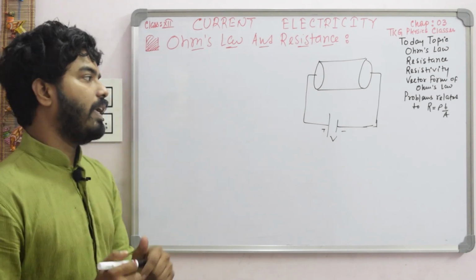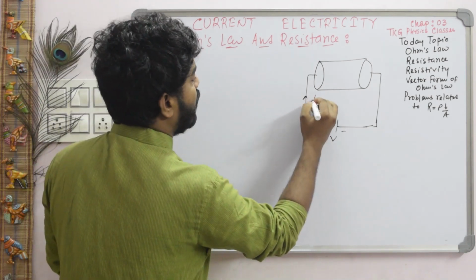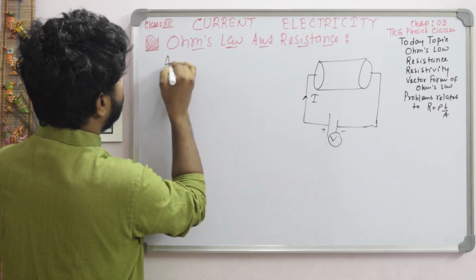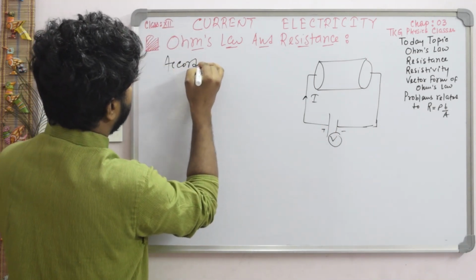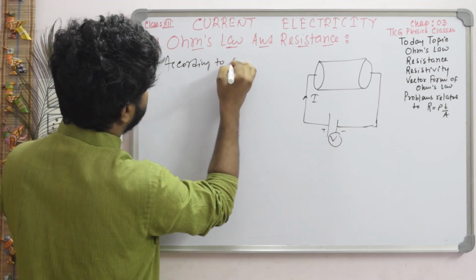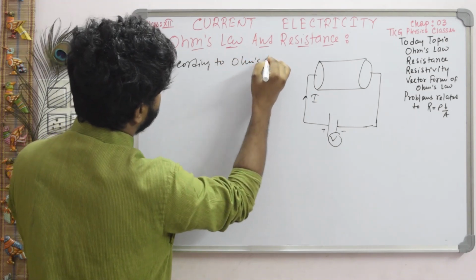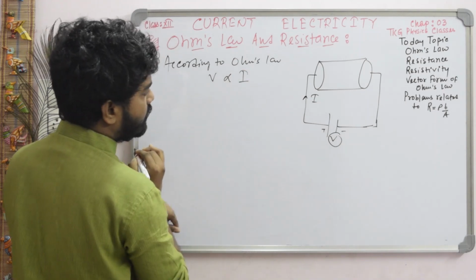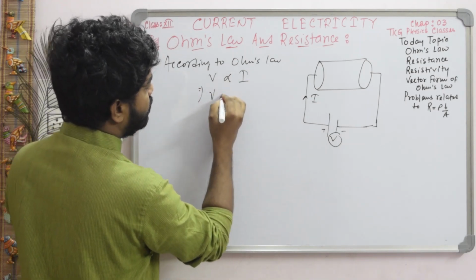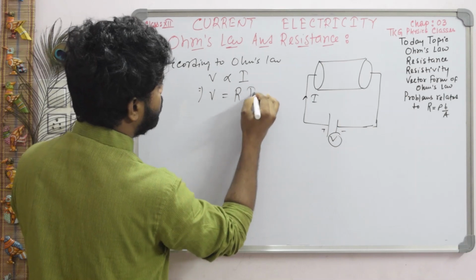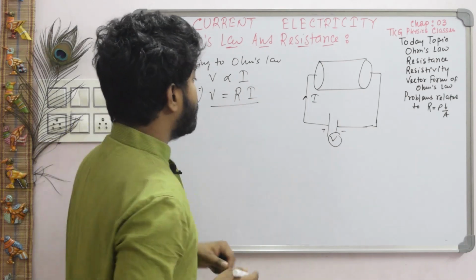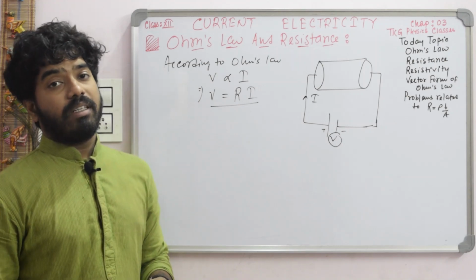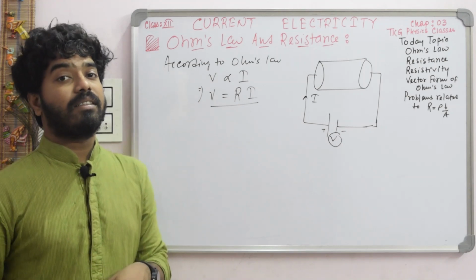So we can say if a current I is flowing and the potential difference is V, then according to Ohm's law, we can write V is directly proportional to I. So V is equal to R into I. What is R? Here R is the proportionality constant, and this proportionality constant is known as resistance.